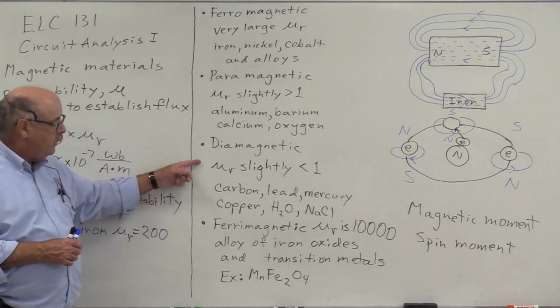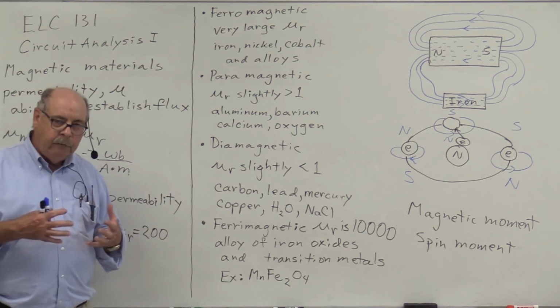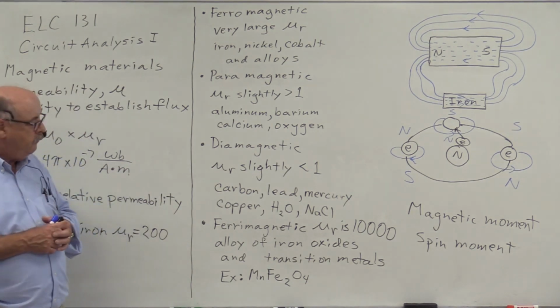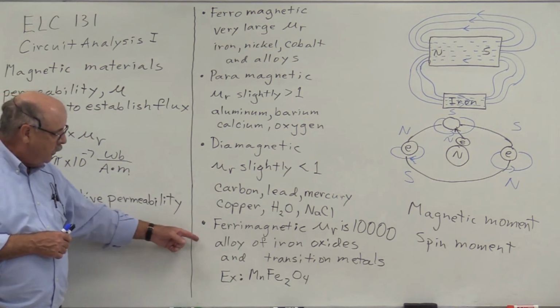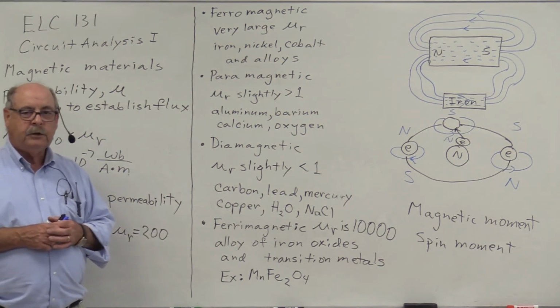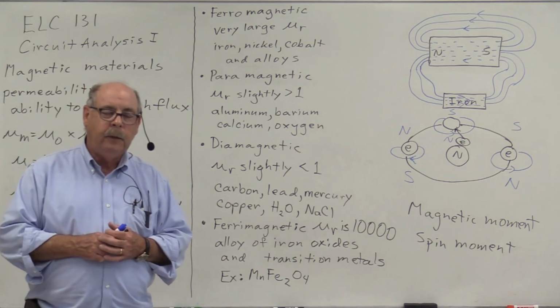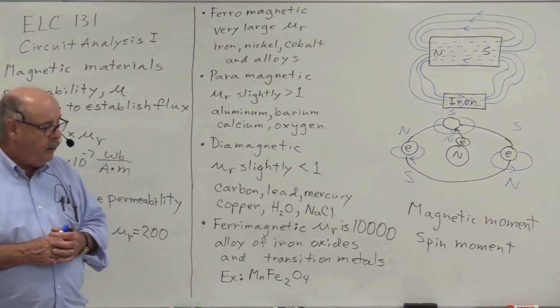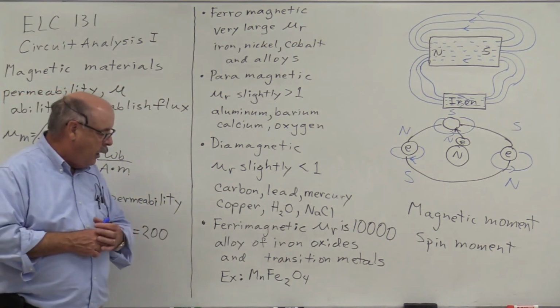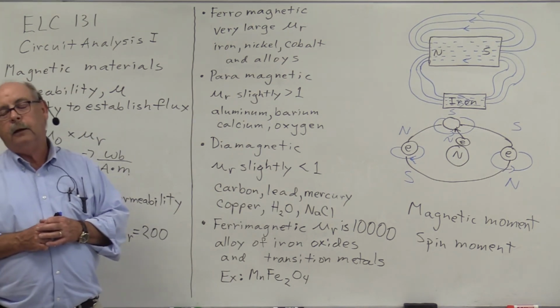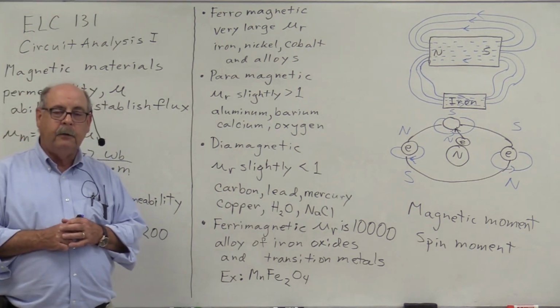Some are actually pushed away from or repelled from magnetic fields. And some materials have extremely high values of relative permeability, and they're made of oxides of iron and other materials.